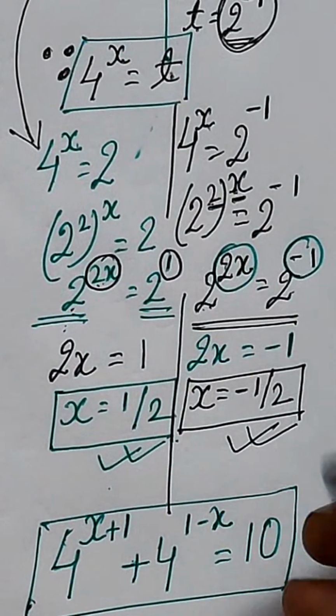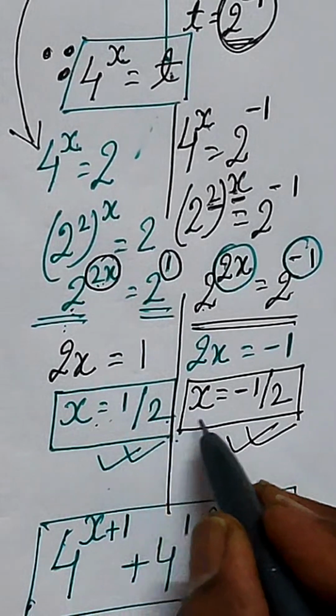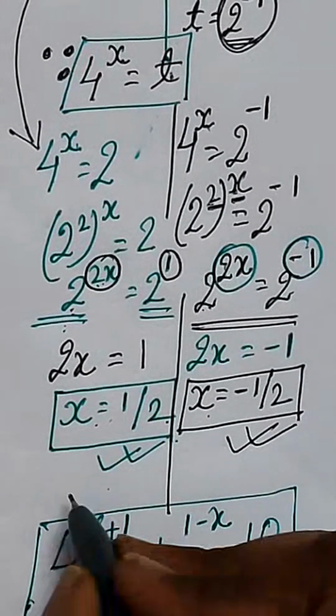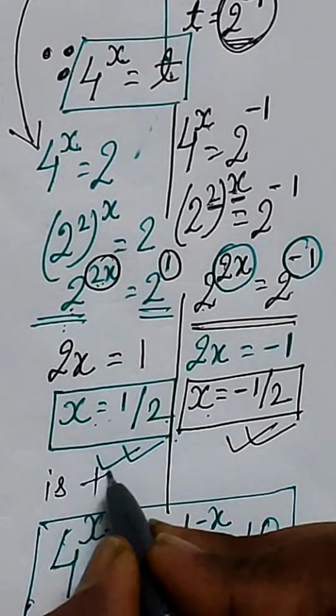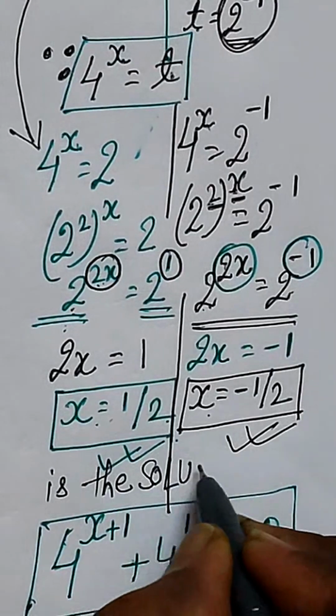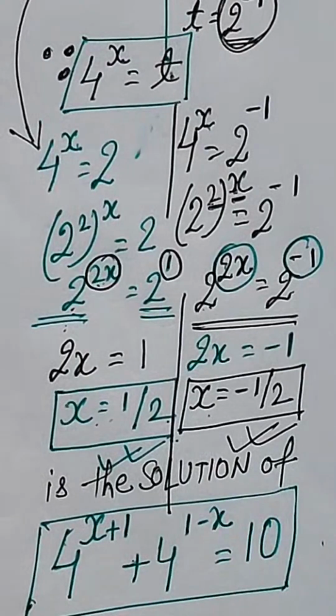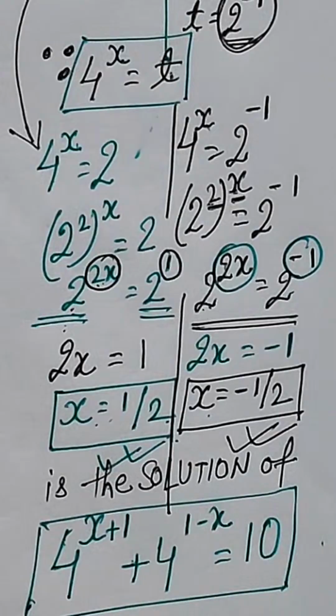So x equal to 1 by 2 and x equal to minus 1 by 2 are the solutions of this equation. And in this way we have solved this question.